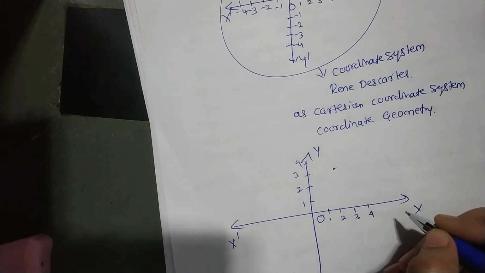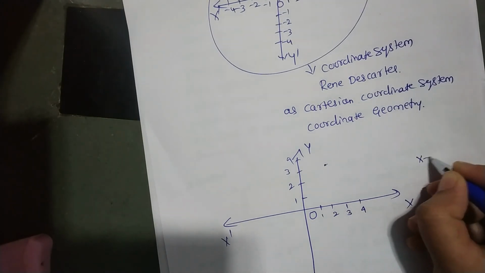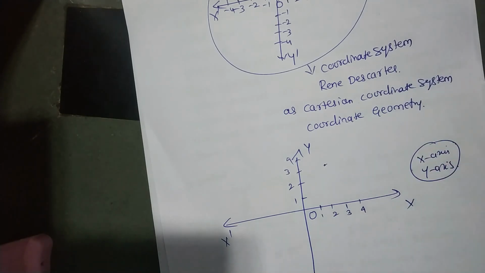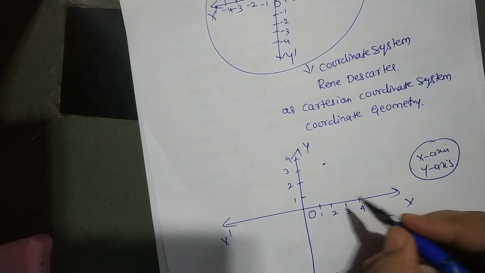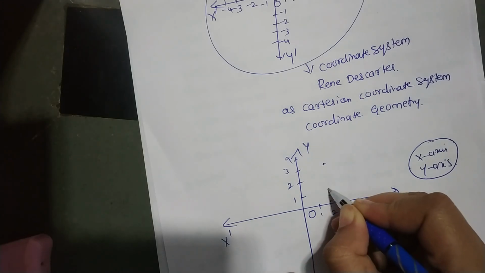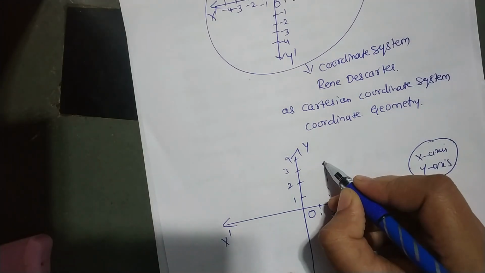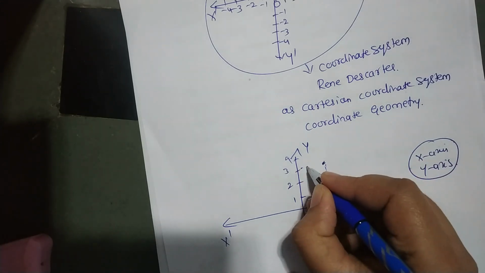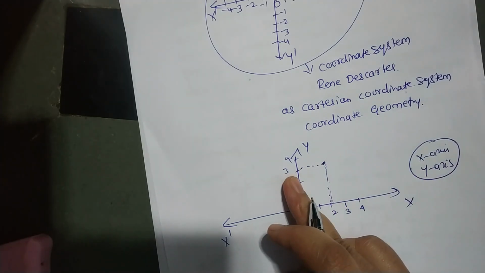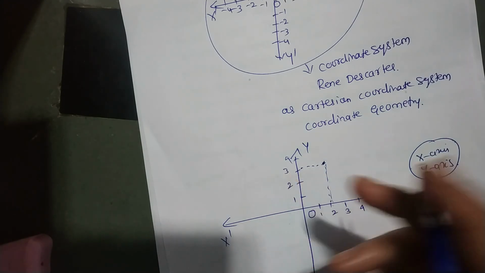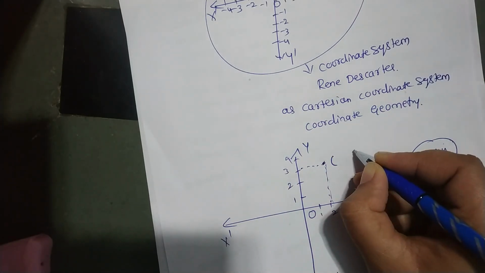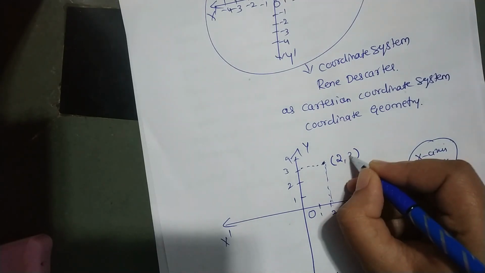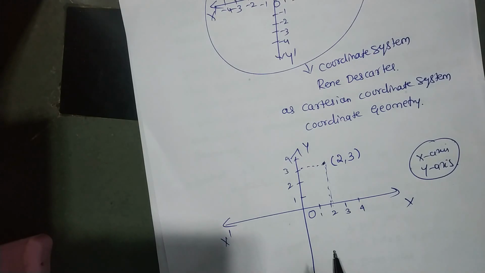In the same way, if you want to find the location of this point, we require references. Therefore, we will take the reference axes as the x-axis and y-axis. So we can say that this point covers 2 units on the positive x-axis and 3 units on the positive y-axis, therefore its location is given accordingly, that is 2 for the x-axis and 3 for the y-axis.